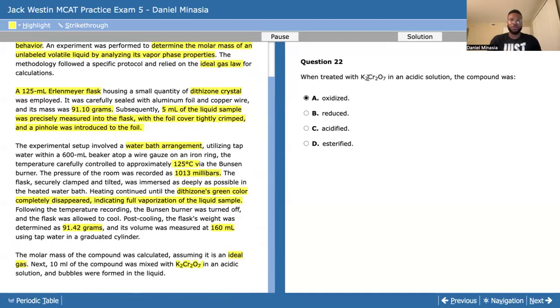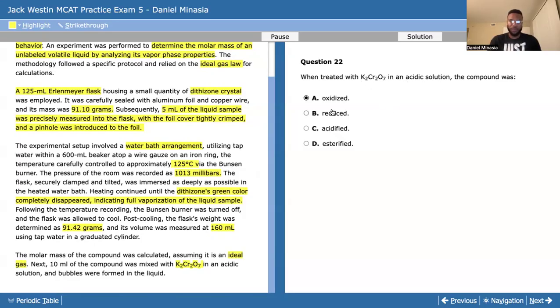Remember, oxidation is loss of electrons. Reduction is gain of electrons. If something is an oxidizing agent, it's going to want to oxidize things. And what is oxidation? Loss of electrons.